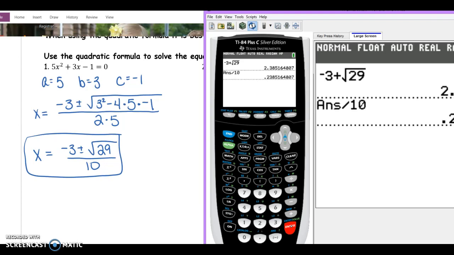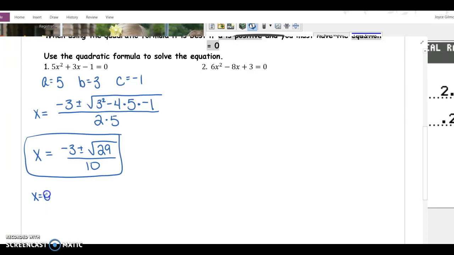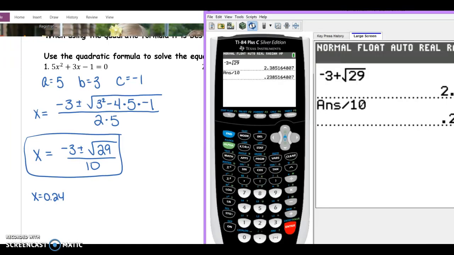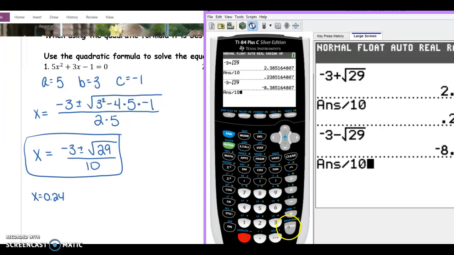One of our solutions is approximately 0.24. Then you do the problem again using subtraction. -3 minus the square root of 29. Enter. Divided by 10. Enter. The other solution is -0.84.